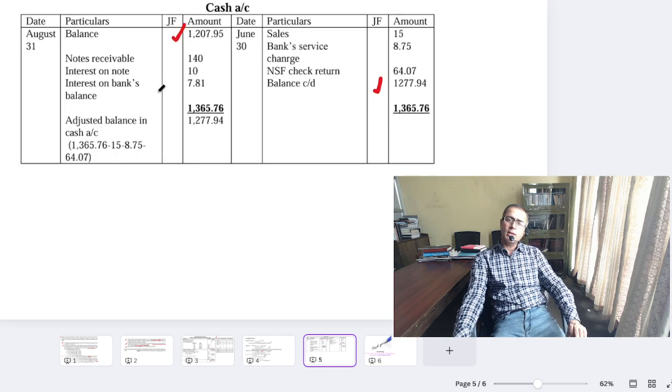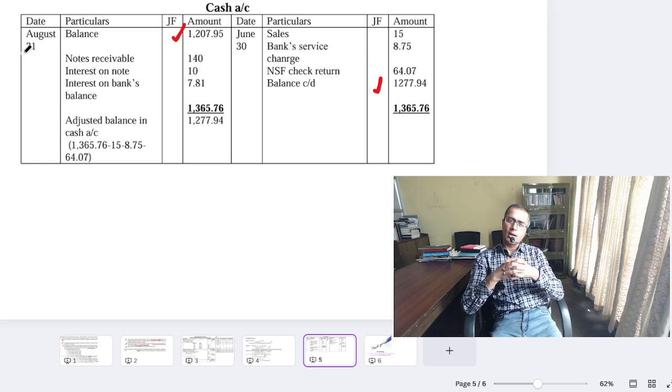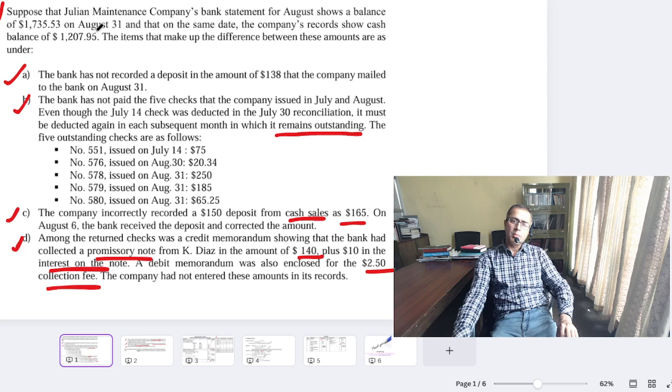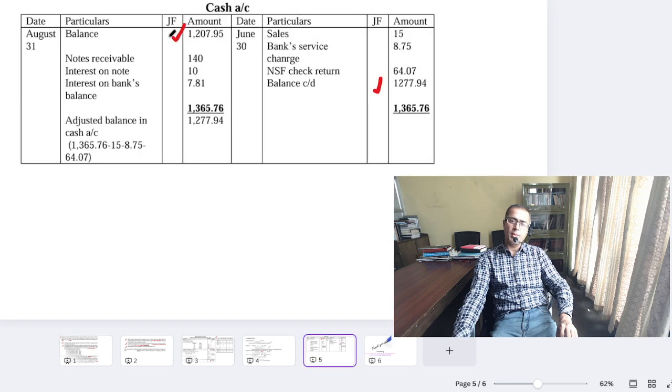Now what about the ledger account, the cash account? This is 1207, this is the balance as per company, 1207, right? This is our balance, and then based on the journal entries you would be recording all these things. But remember, friends, this is the balance that we have, the balancing figure 1277.